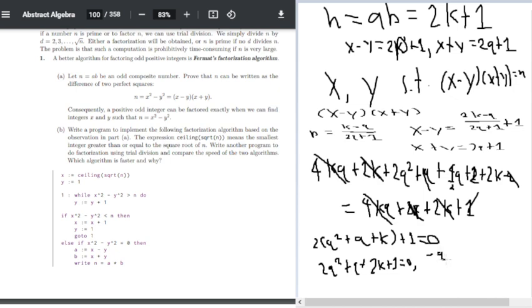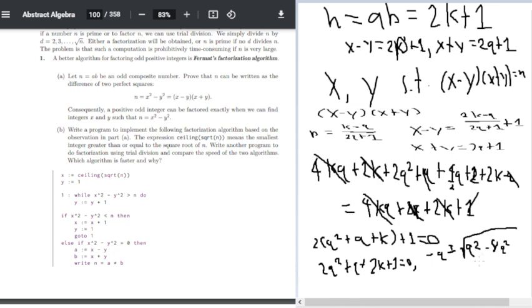Implies that it's negative b plus or minus the square root of b squared, so q squared minus 4 times 2q squared plus 1, all over... oh my gosh.